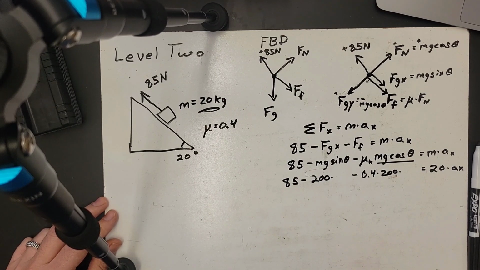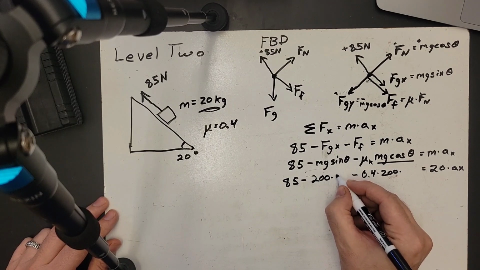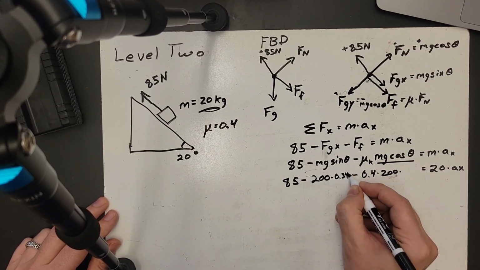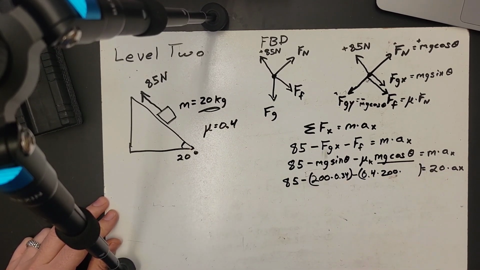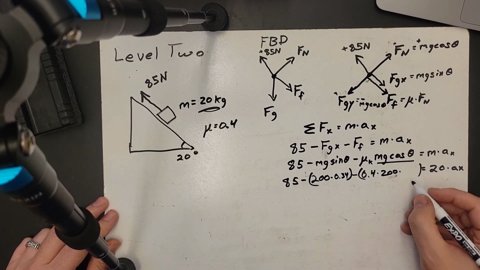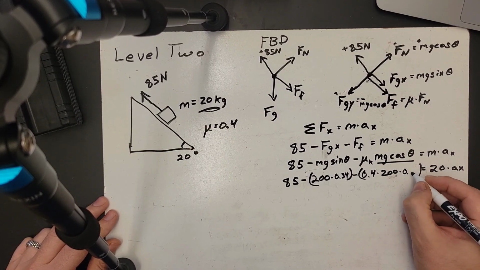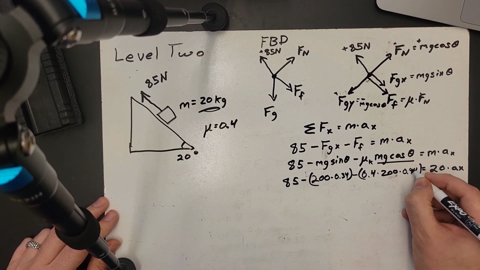All right. Now I need sine of 20 degrees, which is 0.34. And cosine 20 degrees, which is 0.94.